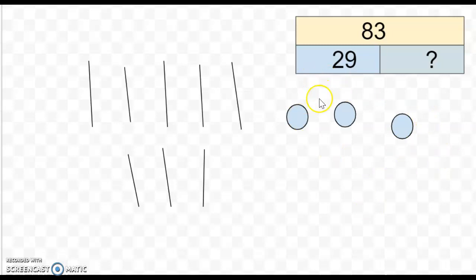But first I see that I only have 3 in the ones place. So that's not enough to take away 9. But if I think about it, there are 10 ones in every one of these 10 sticks.